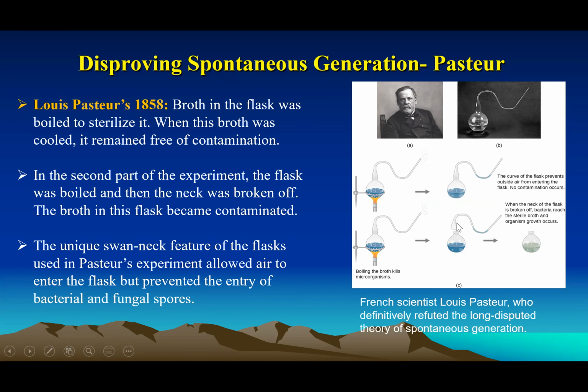However, when he broke off the swan neck of the flask, bacteria started to grow, because it allowed the air to enter the flask and contaminate the broth. So he definitely refuted the long-disputed theory of spontaneous generation.